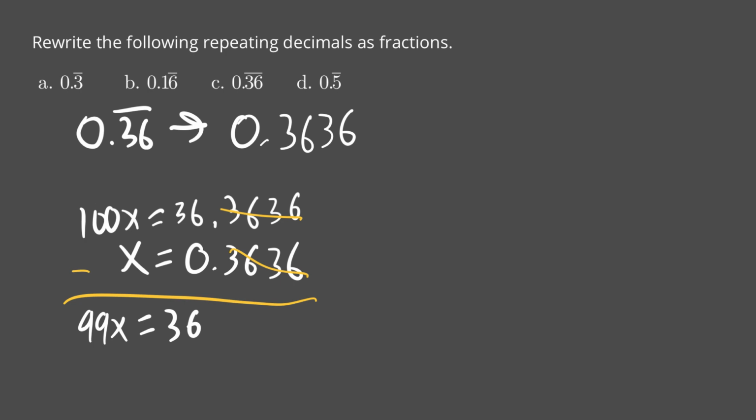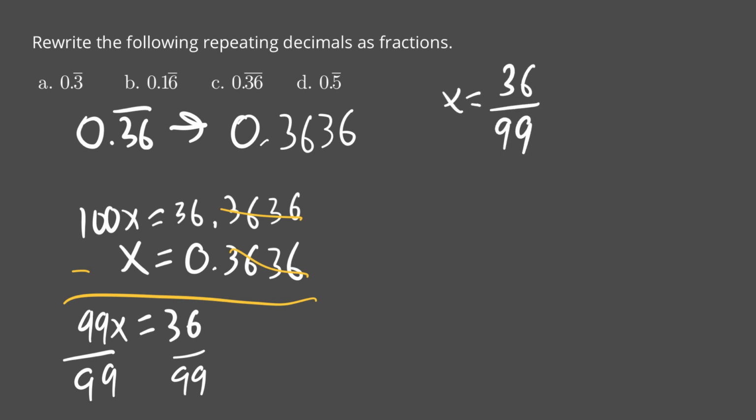To solve for x, you divide by 99. Rewriting it, we have x equals 36 over 99. And we can reduce this by dividing the top and bottom by 9. And that will give us x equals 4 over 11, which is our final answer.